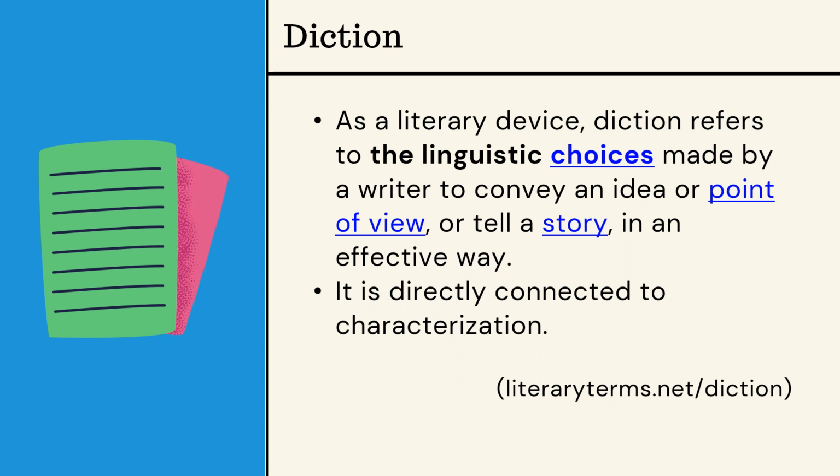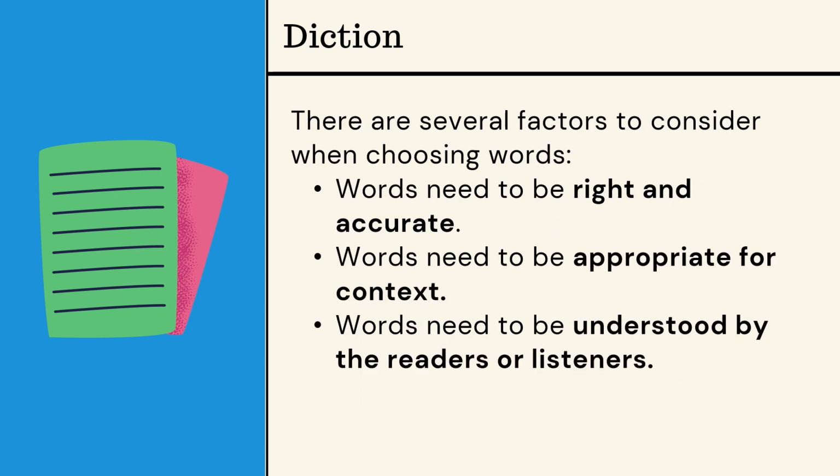Alright? And when we are after diction, you have to remember these factors. Okay? When you are choosing words to use in your story, in the dialogue of your character, you have to consider three things. First, it must be right and accurate. Second, it must be appropriate for the context. And third, it must be understood by the readers or listeners.